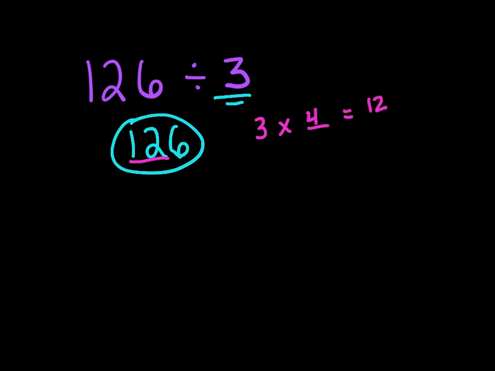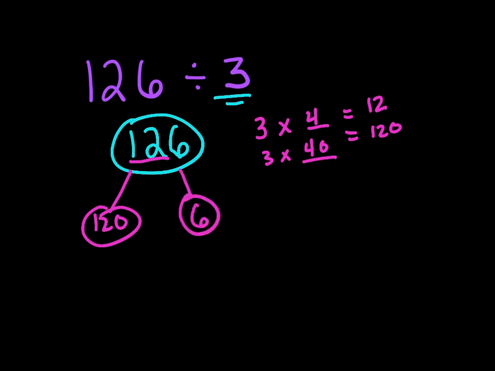So if it's 120, we can say 3 times 40. So let's pull out the 120. And if I subtract 120 from 126, we're left with 6 on this side. Both of these numbers are divisible by 3. We divide by 3.